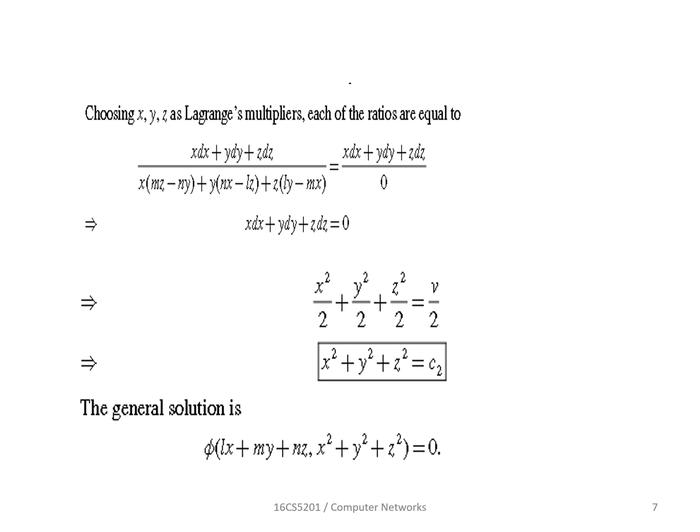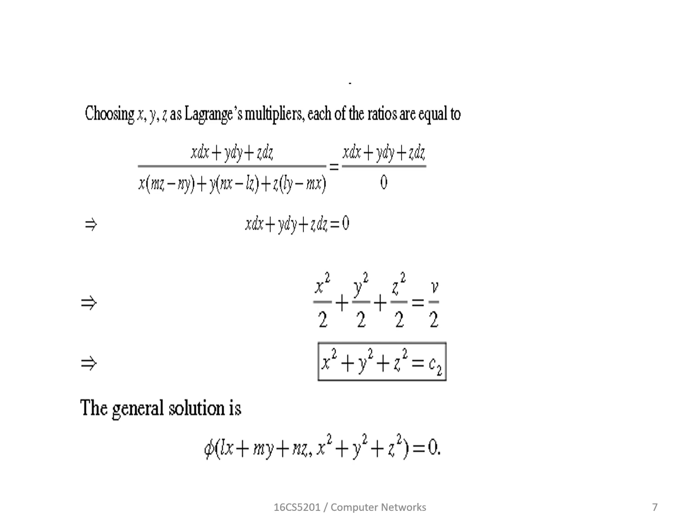So all these are by 2, so let us have the constant of integration also divided by 2. Cancelling 2, we get x square plus y square plus z square equal to C2. So the other solution is x square plus y square plus z square equal to C2.